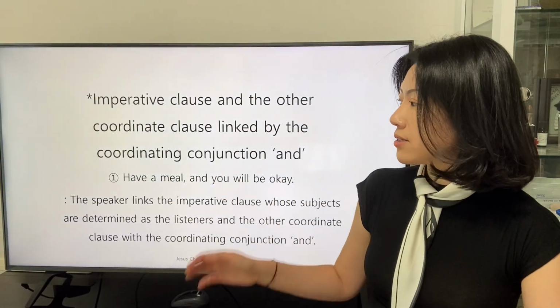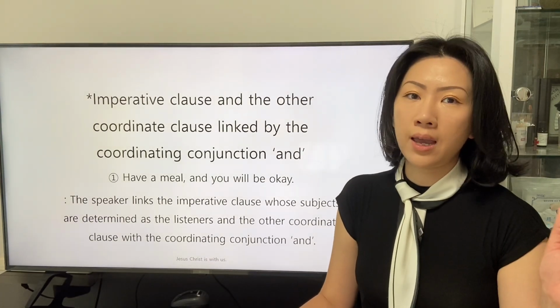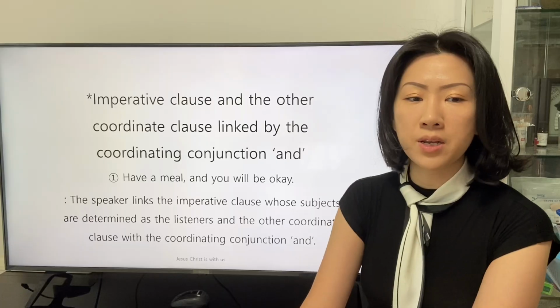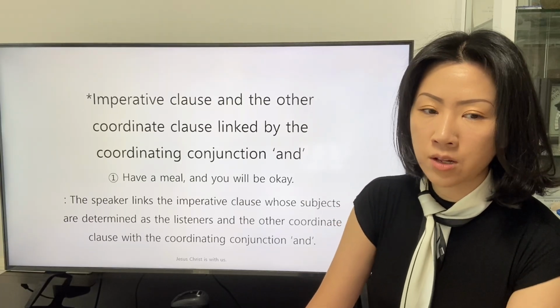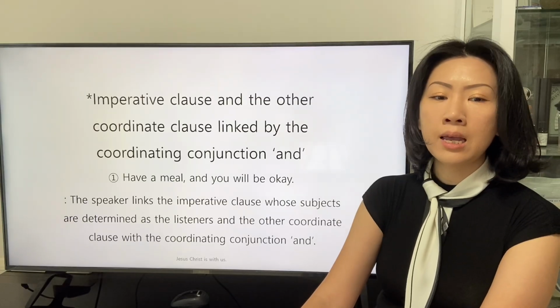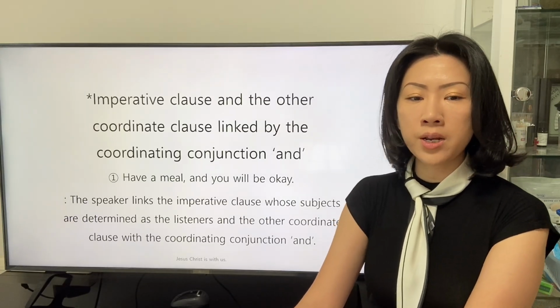There is a sentence, have a meal and you will be okay. The speaker links the imperative clause, whose subject is determined as the listeners and abbreviated, and the other coordinate clause with the coordinating conjunction and.